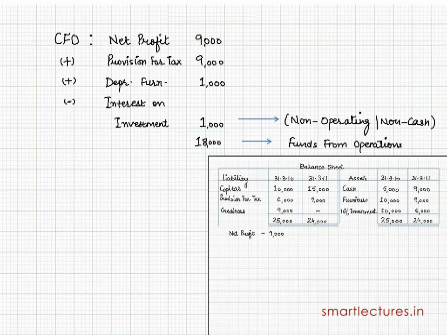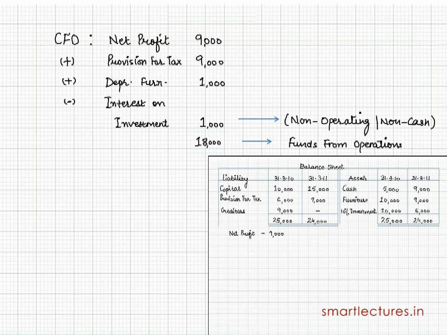Working capital, you know, that is affected by current assets and current liability. Is there any current asset? No. Is there any current liability? Yes. In the previous year, the creditors were 9,000, now it is 0. It means the creditors have come down by rupees 9,000, or creditors have been reduced by rupees 9,000.